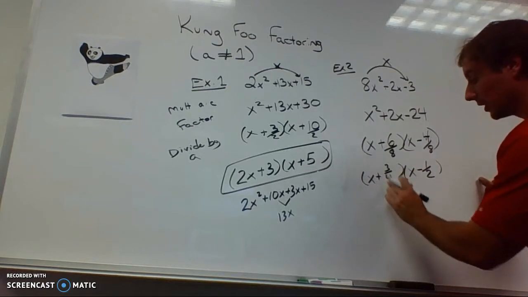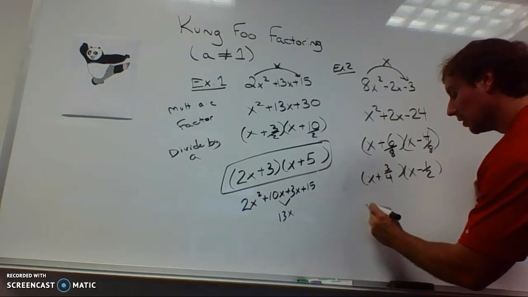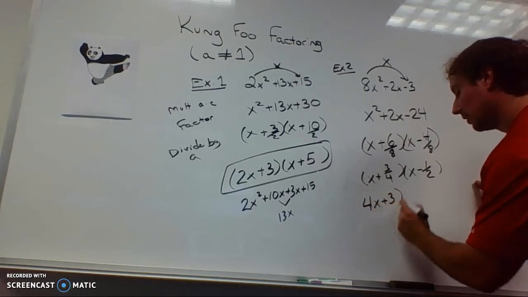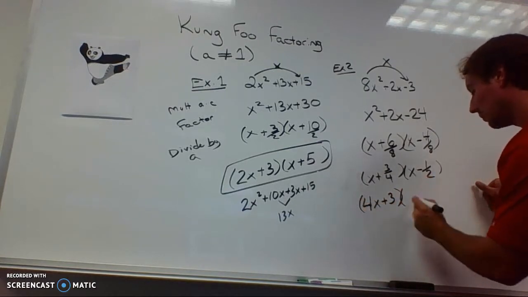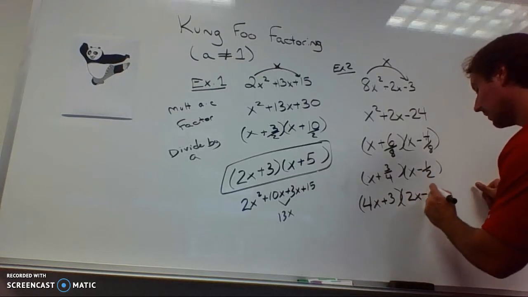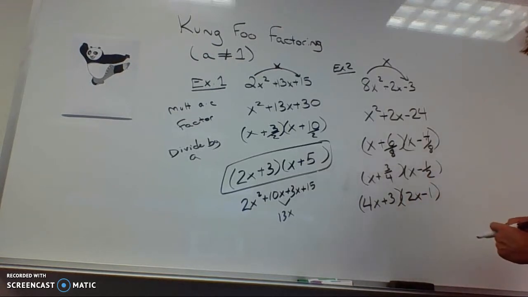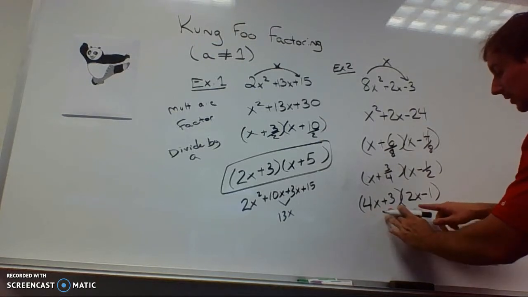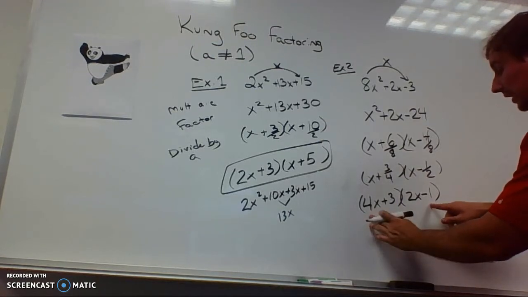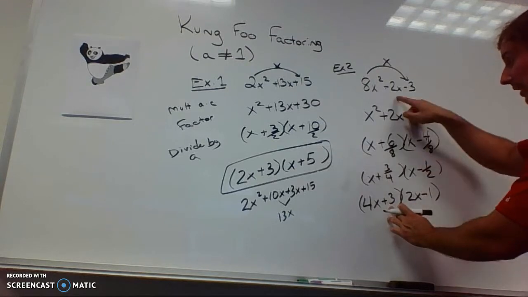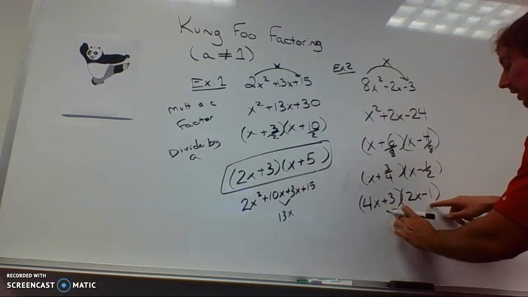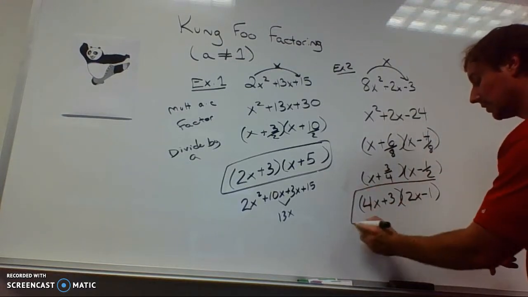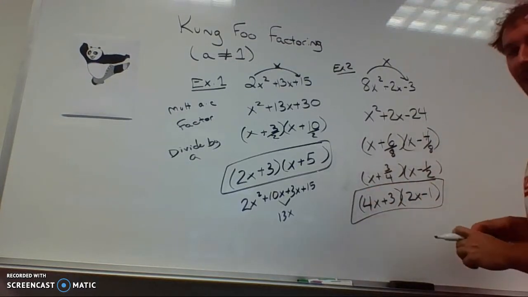So this one, because it doesn't divide nicely, becomes 4x plus 3. And the next one still doesn't divide nicely, and it is 2x minus 1. So we get 8x squared, negative 4x and 6x is 2x, 3 and minus 1 is minus 3. We know we got our answer right, and we are done.